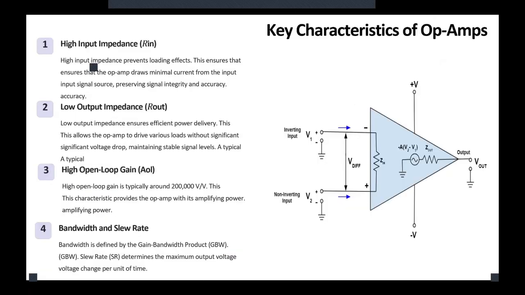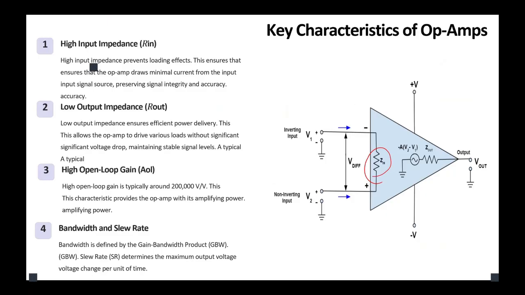Basically, op amps are like the Swiss Army knife of electronics. Now, there are some key characteristics of the op amp. Let's talk about them. One is the high input impedance, R in or Z in, which is normally much bigger than 1 megaohm. It means that the op amp draws almost no current from the input source.